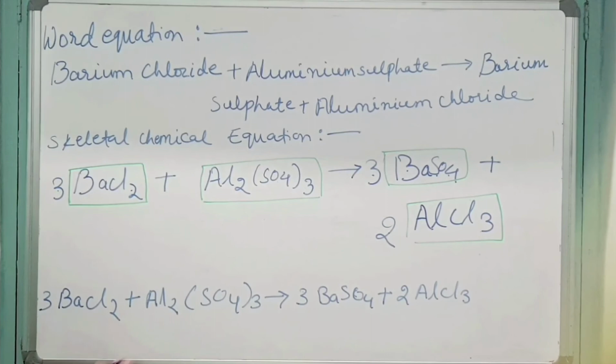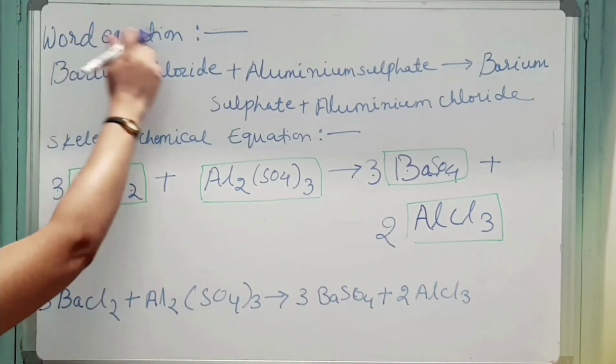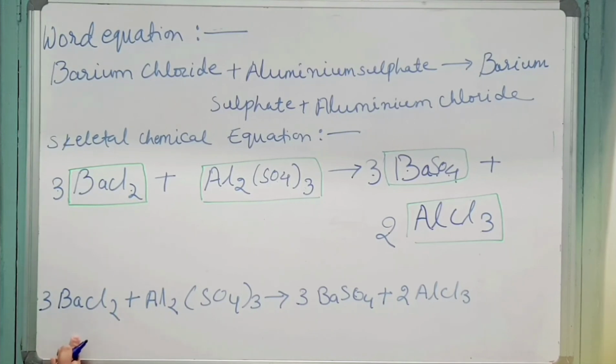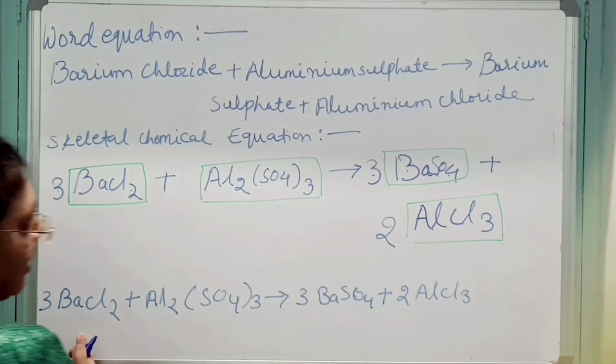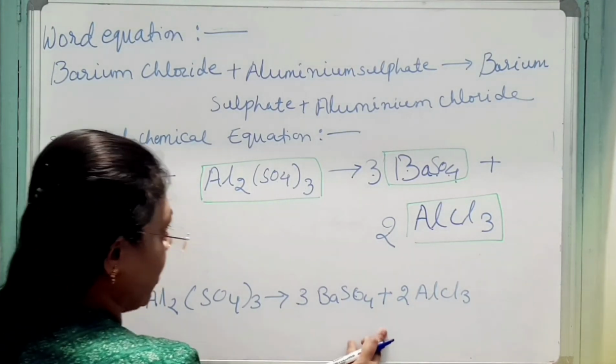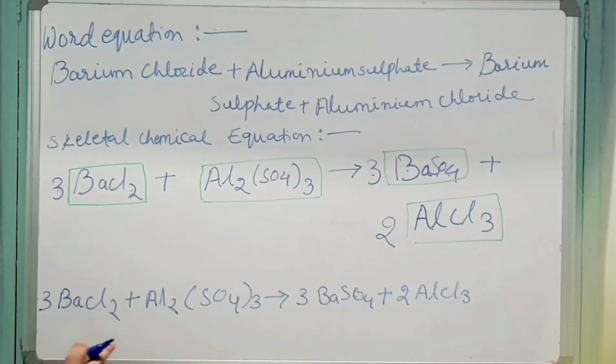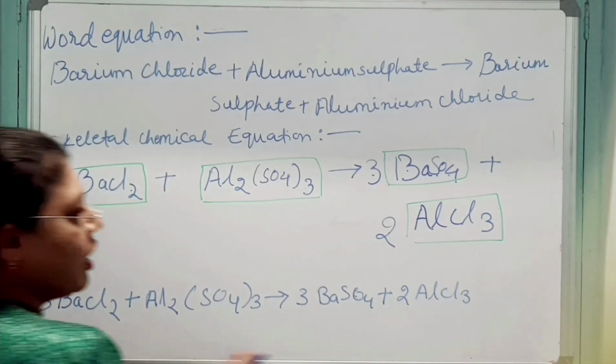Okay, so this is the complete balanced equation. From the word equation, we have found the balanced chemical equation. So this is the way to follow when you want to convert a word equation into a balanced chemical equation.